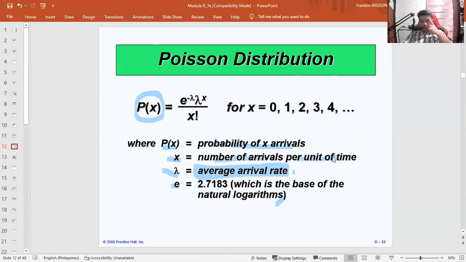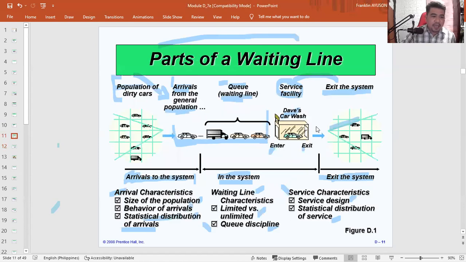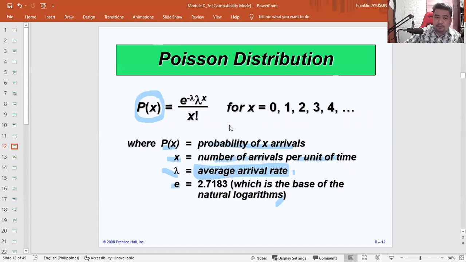So again, you might want to understand this Poisson distribution, or the probability of arrival of X in the system or the queuing lines. So in this case, I will be playing my discussion of Poisson distribution.